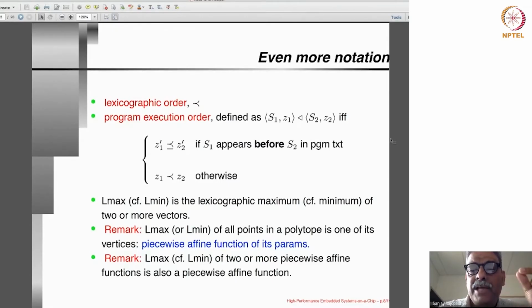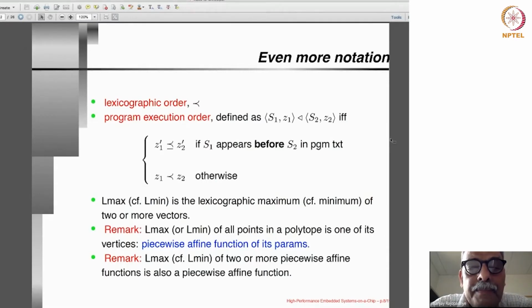If statement S1 appears before S2 in the program text, then the iteration points are less than or equal to in the lexicographic order. Otherwise, Z1 prime should be strictly before Z2 prime in order for the Z1th iteration of statement S1 to be executed before the Z2th iteration of S2.